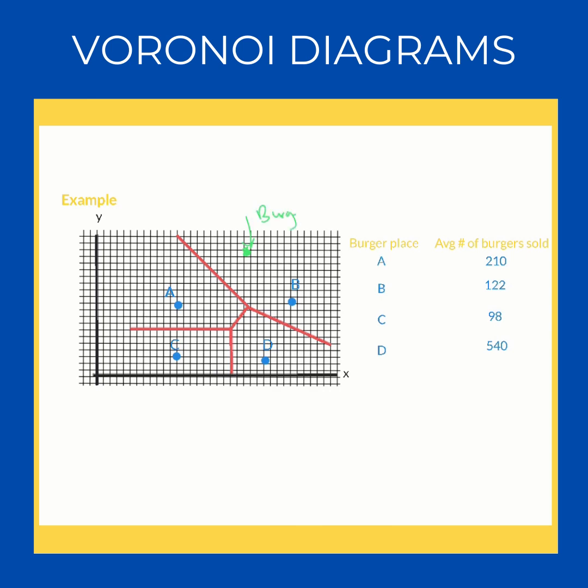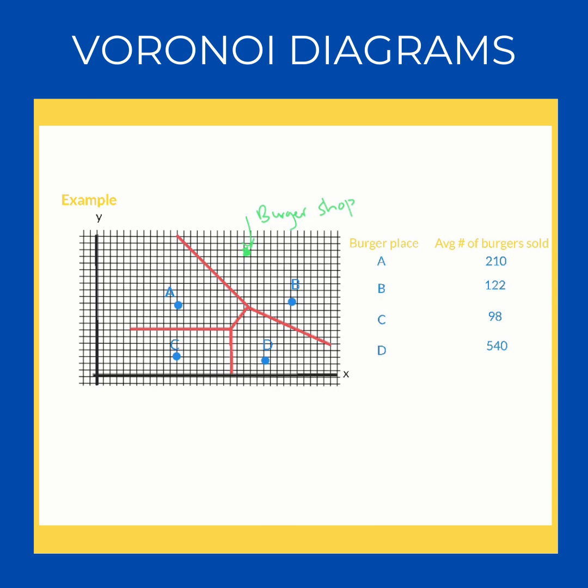I want to estimate the average number of burgers that this shop will sell. We have something that is called nearest neighbor interpolation. This shop that's going to open soon is closest to site B, or burger place B.